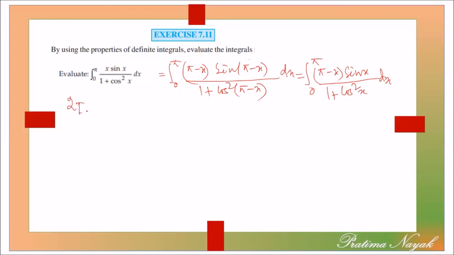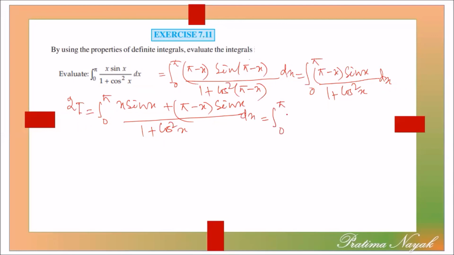So I'll add these two. Twice I will be how much? 0 to pi, x sin x, first one. Now I am getting the second one: pi minus x into sin x, and both have the same denominator. So we will simplify the numerator: x sin x plus pi sin x minus x sin x, upon 1 plus cos square x.